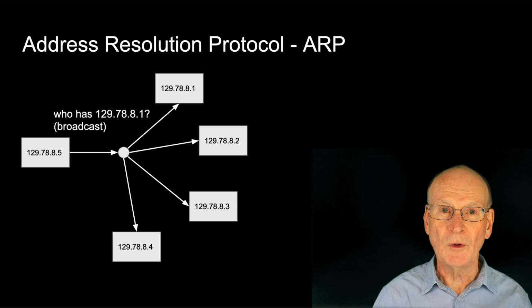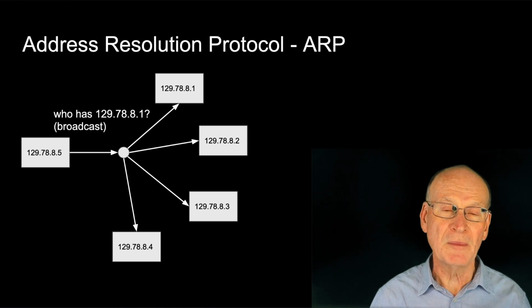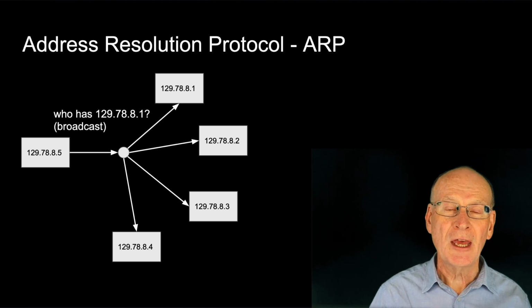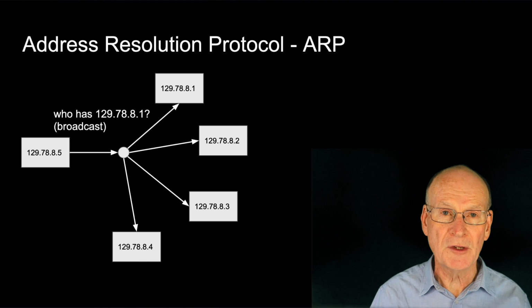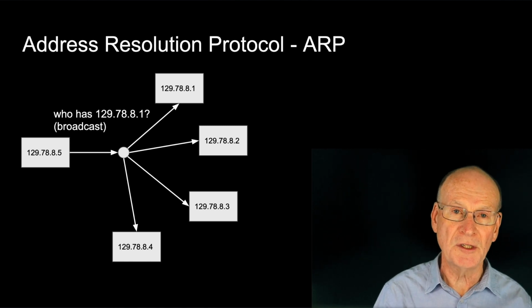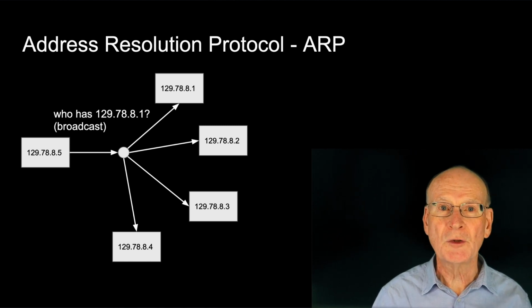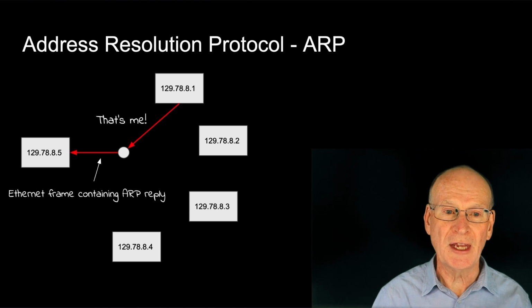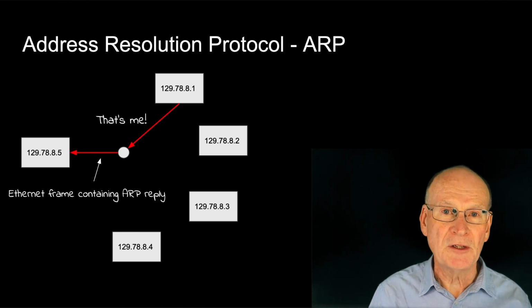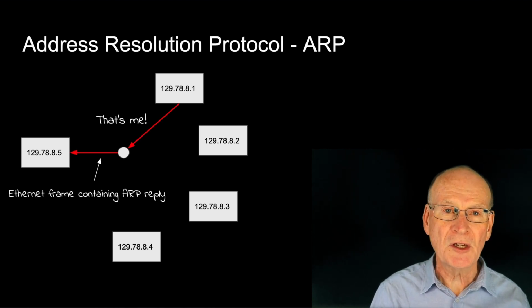The target node will hear that message on the broadcast address and decode it, realize it's an ARP message, and reply with a message directly to the source node, since you know the source node Ethernet address, since it was in the message, and so you'll discover what the Ethernet address is for that target. ARP messages are sent inside Ethernet frames, and so logically we think of them as something at the network layer.